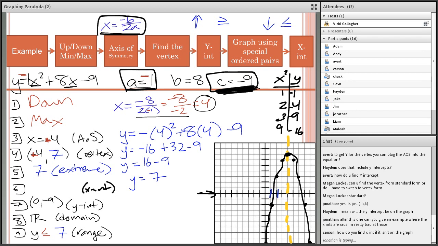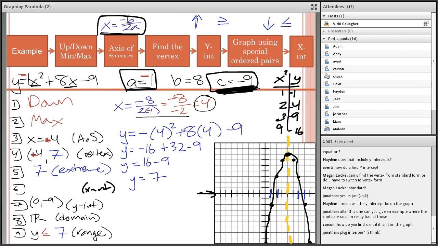So this is a perfect example of finding x-intercepts that have a radical answer. Your x's will be on the graph. If it's in standard form, you can always just do quadratic formula, which I'm going to show you how to do right now.